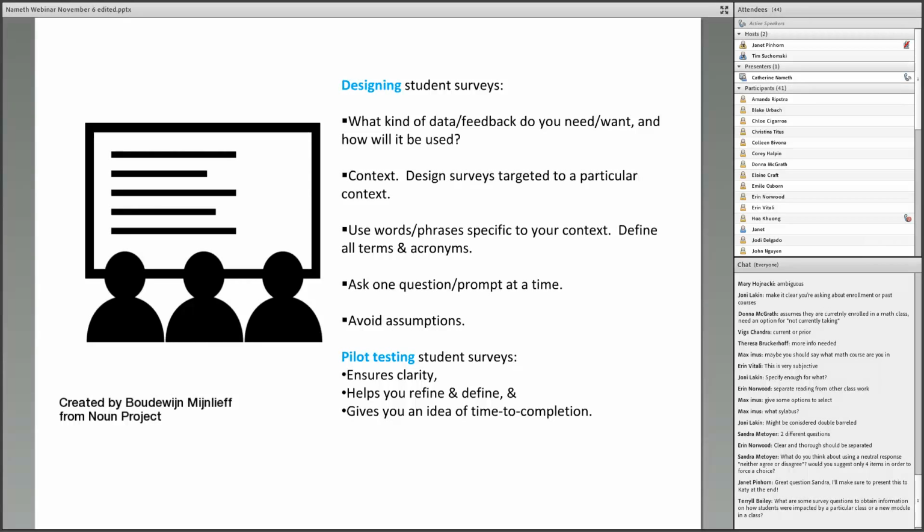As I mentioned before, I recommend pilot testing by trying it yourself, trying it with some of your colleagues, maybe previous students, or current students who would not be involved in the survey you're developing. Try to get a little more information before you launch it the first time, so you can give them a realistic timeline on how long it takes to complete.